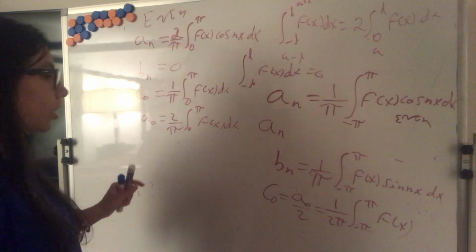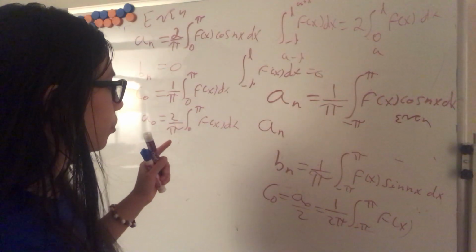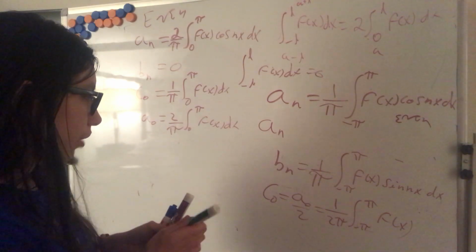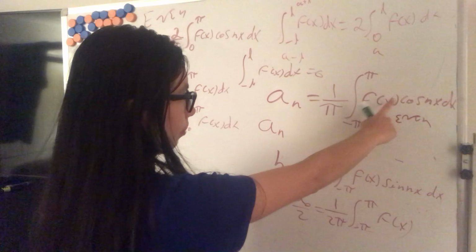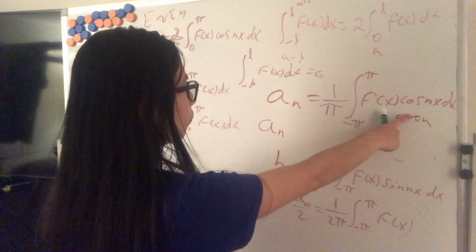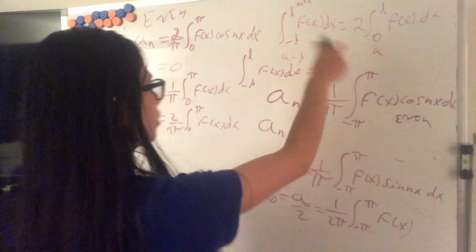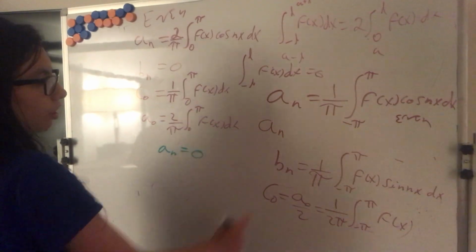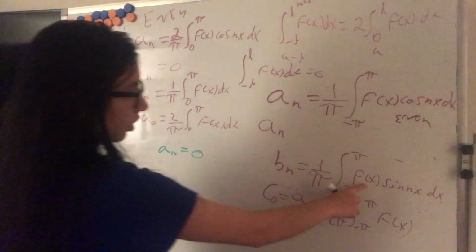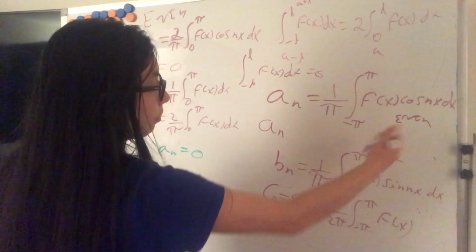Yeah. Now for an odd function, we would have an odd function times an even function is an odd function, and the definite integral from minus pi to pi of an odd function is 0. So a sub n would be 0. For b sub n, an odd function times an odd function is an even function.